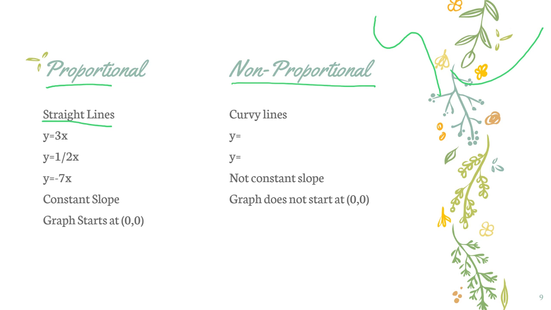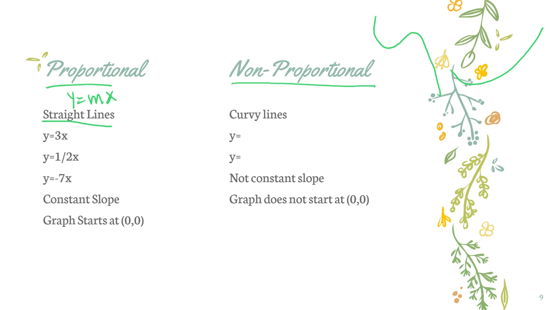Proportional relationships will be in the form y equals mx, where m is the slope and x is just our variable. So y equals 3x. You see how it's just 3 and x? Like there's nothing else there.